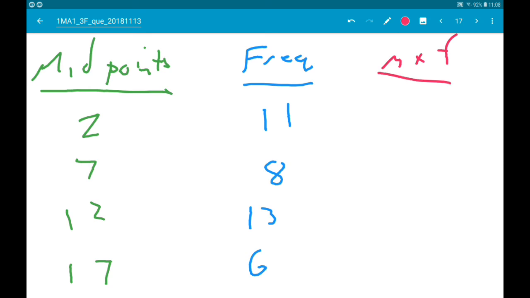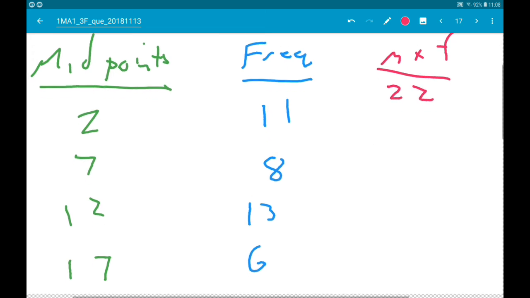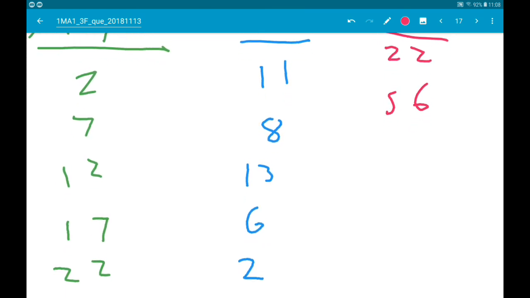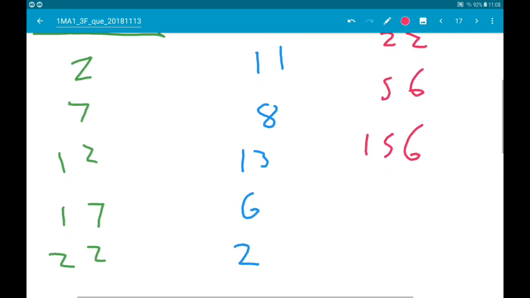So 2 times 11 is 22. 7 times 8 is 56. 12 times 13 is a number, 156. 17 times 6, again is a number, 102.